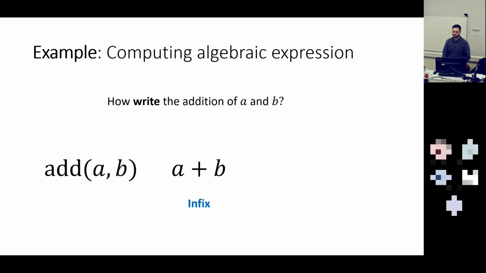Another choice is prefix notation, where you have the operator at the front followed by the 2 arguments, which is common in source code in programming. And the one that you may not have seen before is postfix notation, where the arguments come first and then it's followed by the operator. These are all just choices of how you express your expressions. Computers usually use postfix, and we'll go through an example of why.